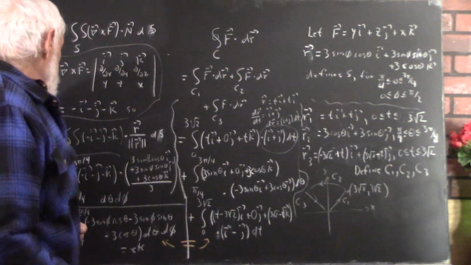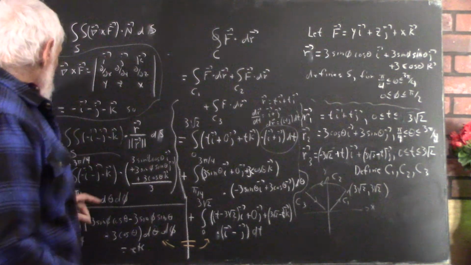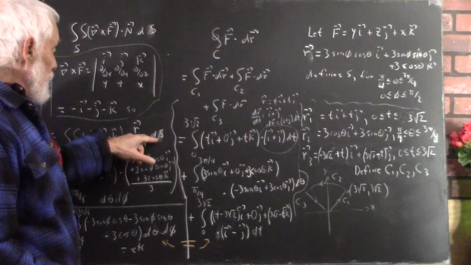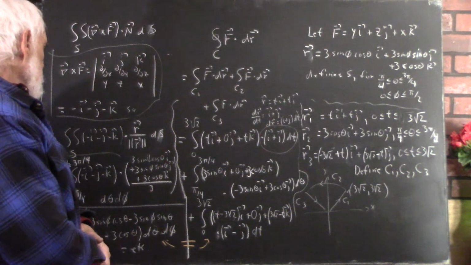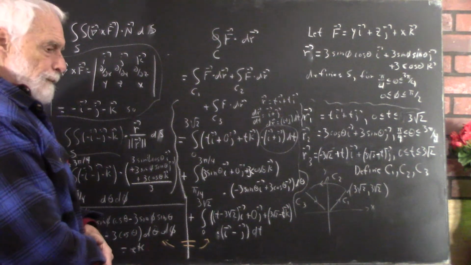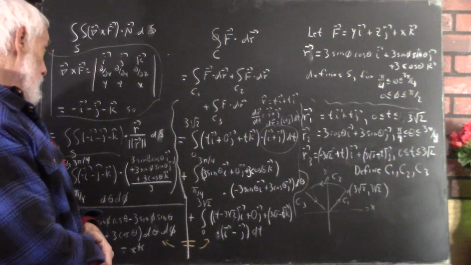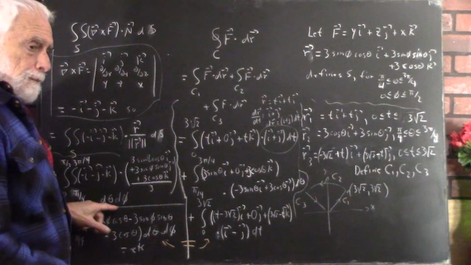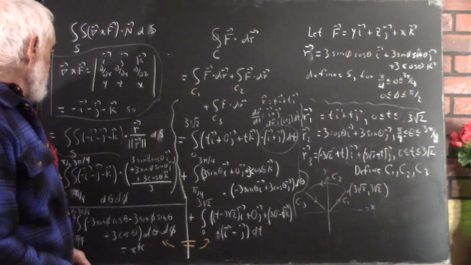Okay, so it's a surface integral. So we're integrating this dotted with this times your area increment, but your area increment has your magnitude of T_θ cross T_φ, because you're parameterizing in terms of theta and phi.